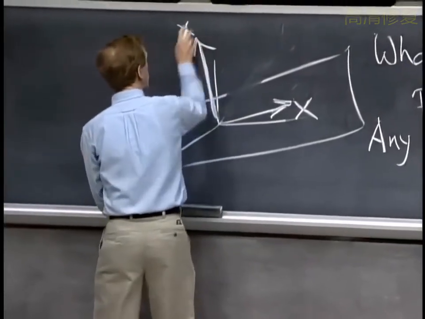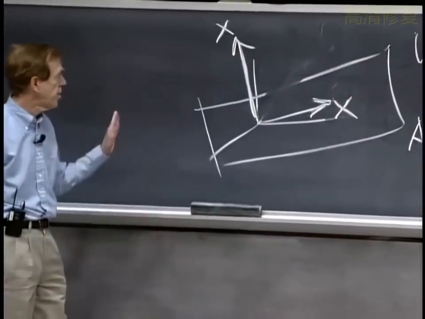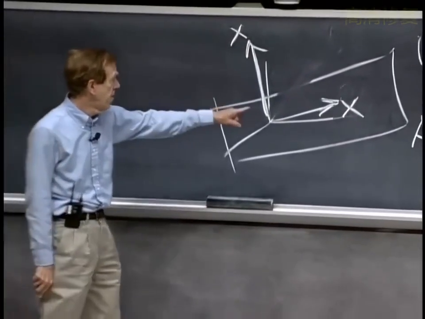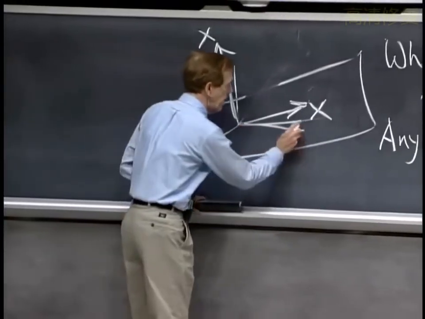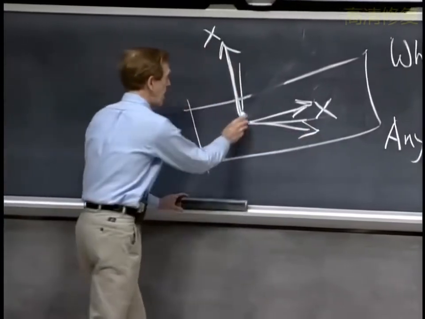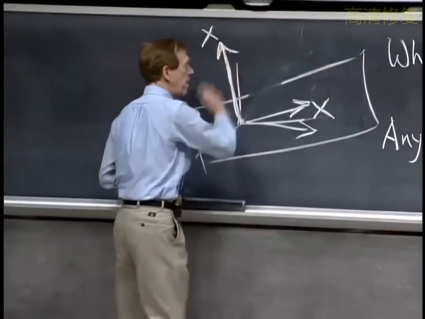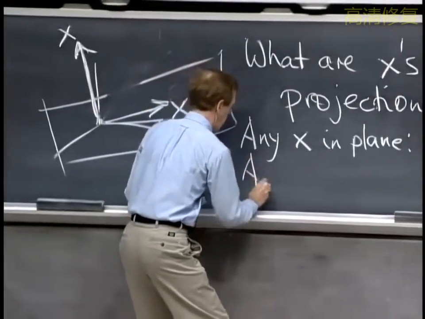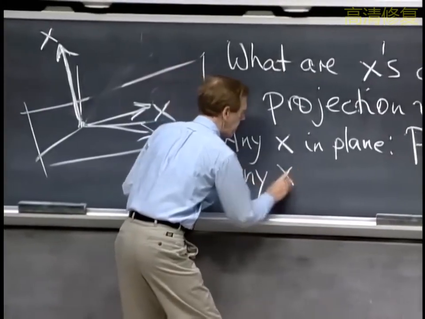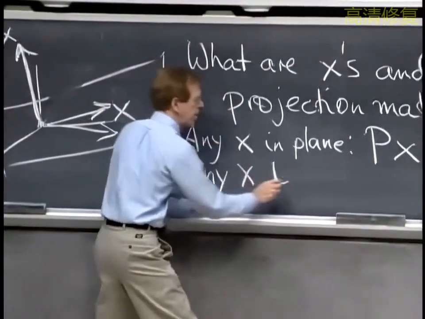There's another good x, because what's the projection? So these are eigenvectors. Another one here would be another eigenvector. But now here's another one: any x that's perpendicular to the plane.